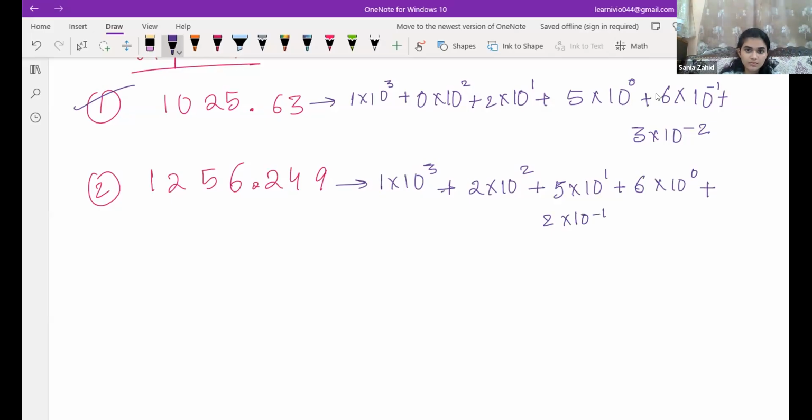Plus 4 into 10 to the power minus 2, plus 9 into 10 to the power minus 3. Do you understand this much?